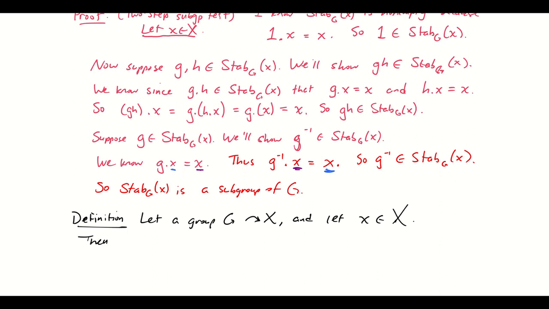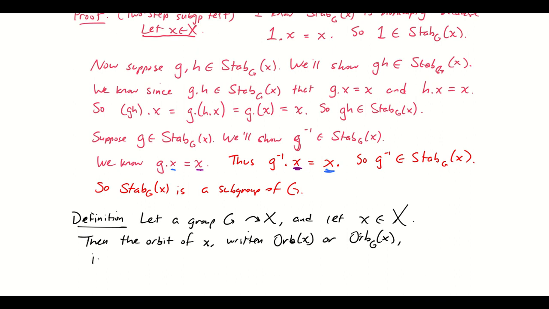Then the orbit of X, and again I'm going to write this in two different ways, written orb of X or orbit of X under G. And again, the reason I make this distinction is sometimes we might want to talk about what the orbit is of an element under a subgroup of G. We're not doing that in this video, but if we want to make the distinction between the entire group and its subgroups, then we need this little subscript notation.